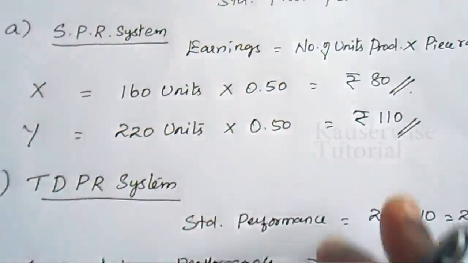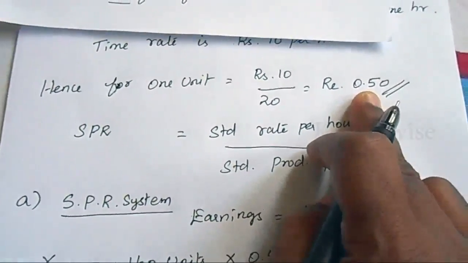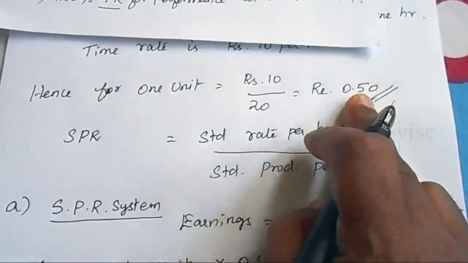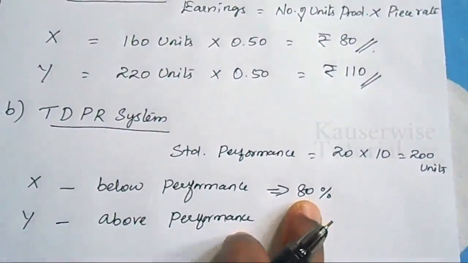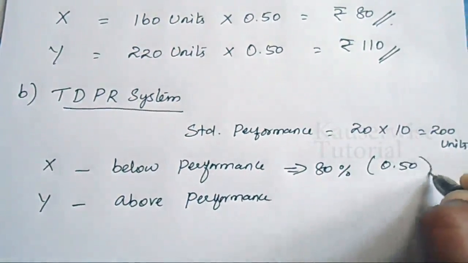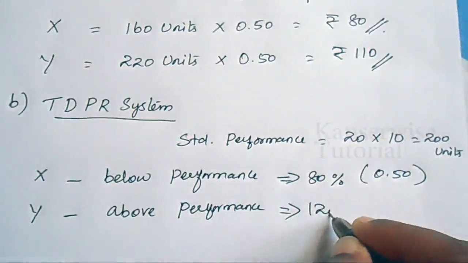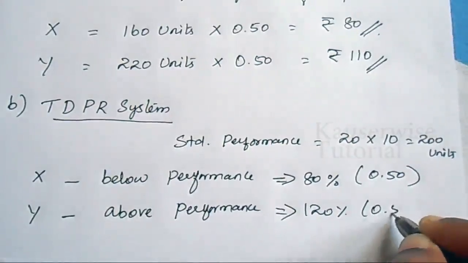So what is the piece rate that we have calculated? 50 paise. For each unit, they'll be getting 50 paise. So in that, only 80% is applicable to low performance, and for above performance, 120% of piece rate.